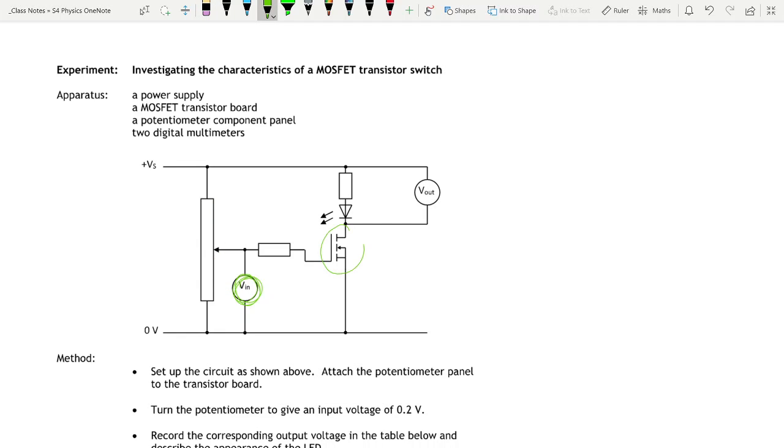We can see we've got a MOSFET transistor here. So when this voltage gets high enough, this transistor will turn on, and then whatever is attached to it, in this case again an LED, will turn on when the MOSFET transistor turns on. We can monitor the voltage across the LED as well, just to show when it's turning on.